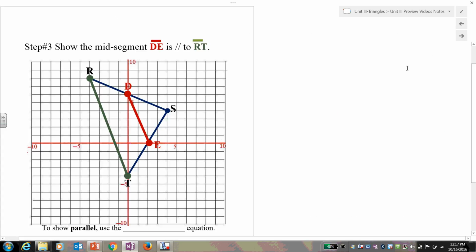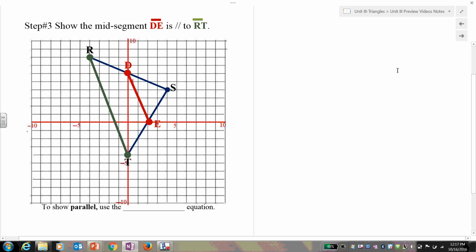So now we have the math for our mid-segment. Our coordinates are this. This was 0, 6, and the coordinates here are 2, 0. Our coordinates here are -4, +8, and our coordinates here are 0, -4. First, we want to show that they are parallel.